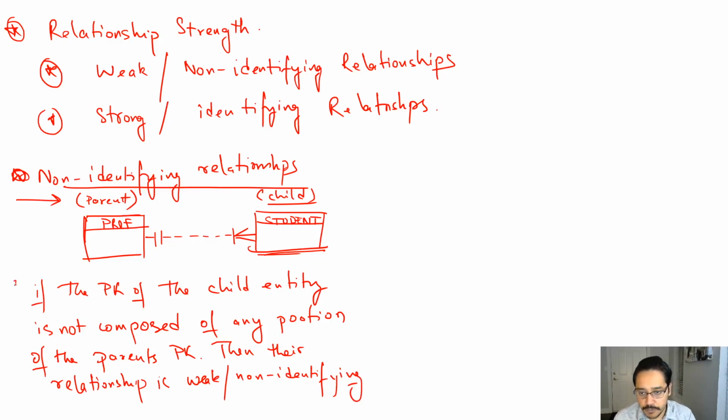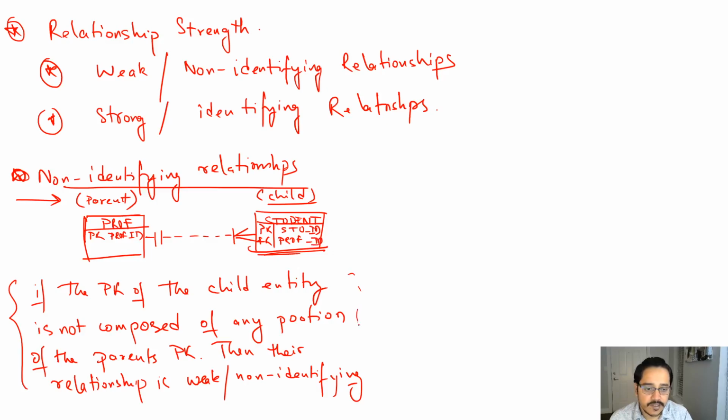So if you want to visualize this concept, what is the primary key of the student? The primary key of the student is student ID. What is the primary key of the professor? The primary key of the professor is professor ID. Okay. So here the foreign key is professor ID, because that is how you're going to implement this 1:n.